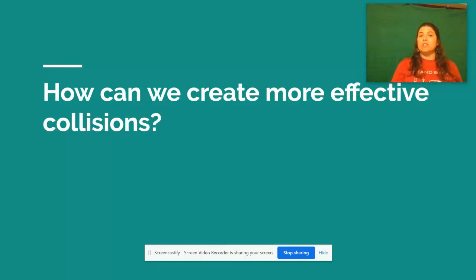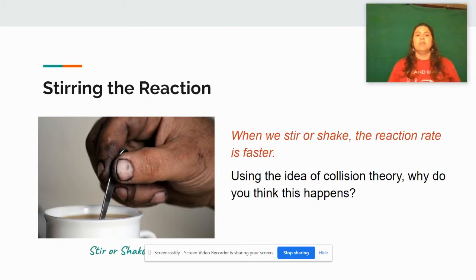We've kind of already talked about this. How do we create a faster reaction rate? But we're going to look at it in terms of the collisions themselves at this point. When you stir, we saw that stirring created a faster reaction rate. In terms of collision theory, what we have happening here is we are sort of mechanically speeding up the reaction.